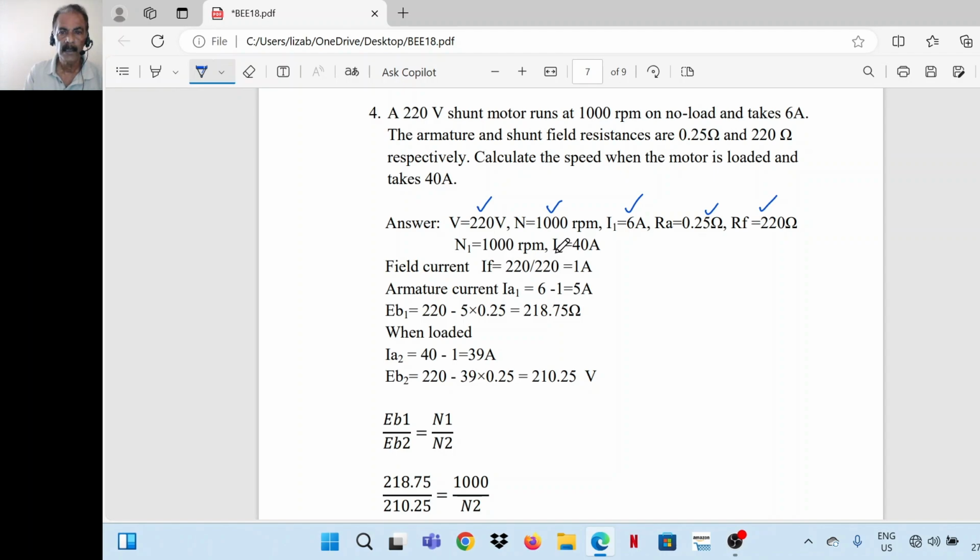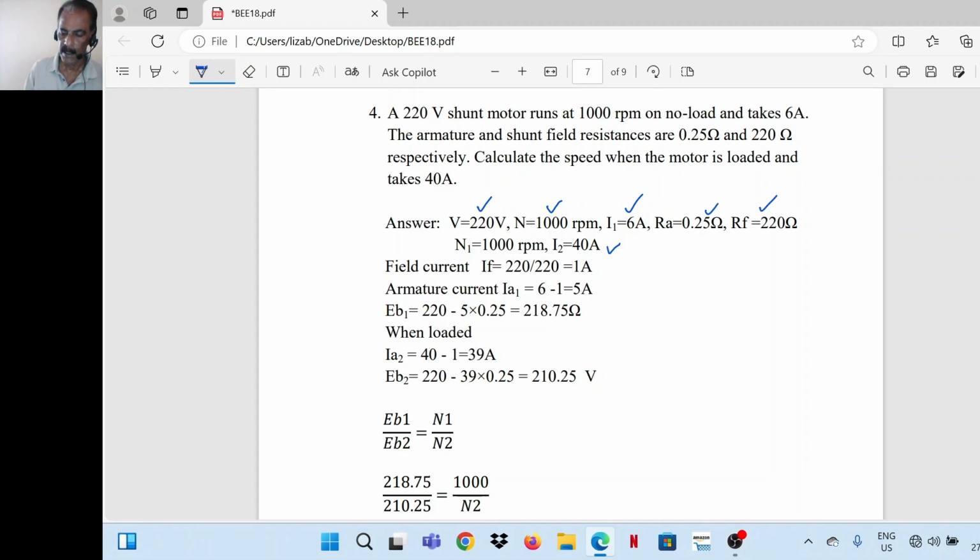Then calculate the speed when the motor is loaded and takes 40 ampere. When the motor is loaded, current increases. The increased value of current is 40 ampere. We have to find the speed when the motor is loaded.